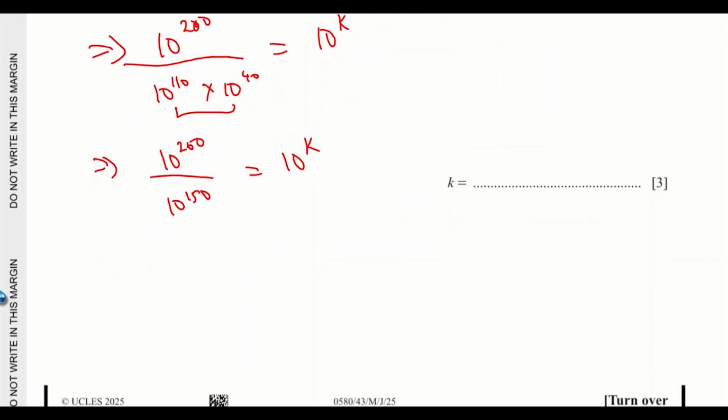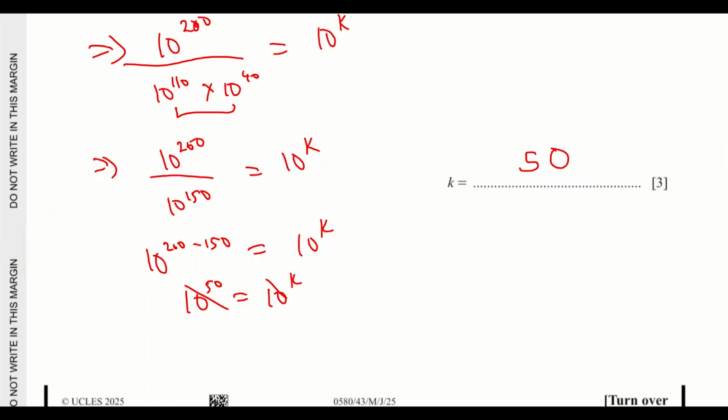Then we apply division of indices. We have the same base, so we subtract the powers: 10 to the power of 200 minus 150 equals 10 to the power of k. So 10 to the power of 50 equals 10 to the power of k. So k is equal to 50.